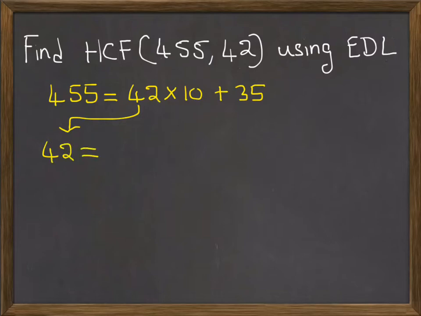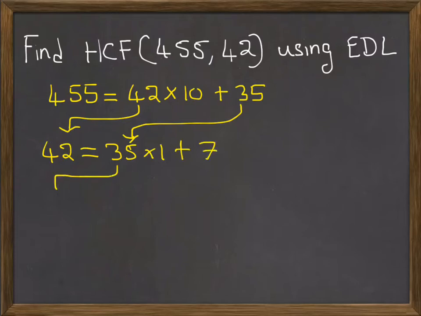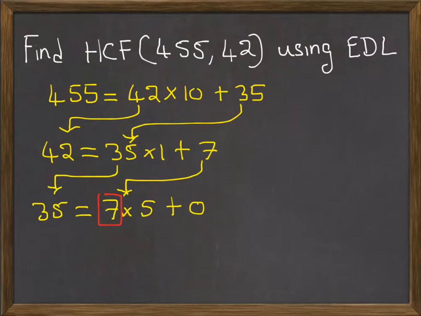42 divided by 35. 35 goes in 42 once, leaving a remainder of 7. We continue the process. 35 divided by 7. 7 goes in 35 5 times, and the remainder is 0. Now since the remainder is 0, we stop.